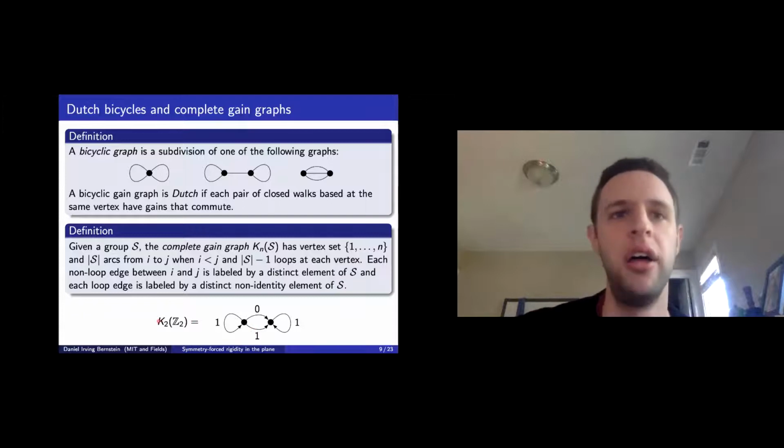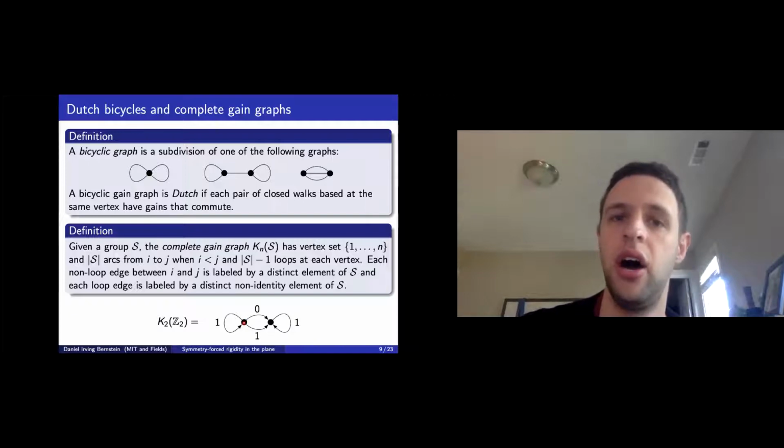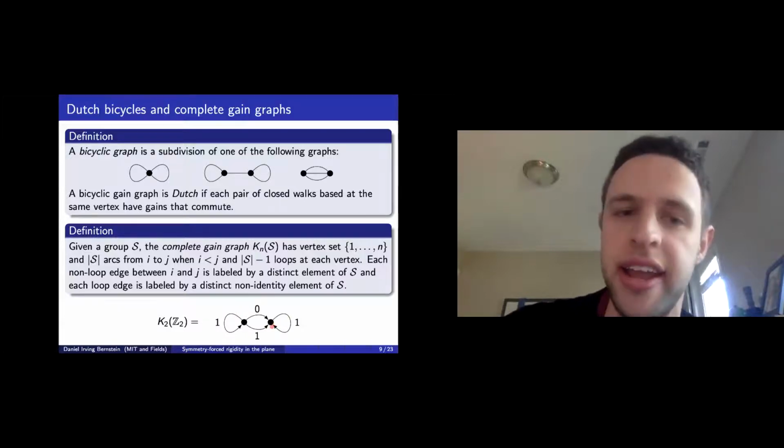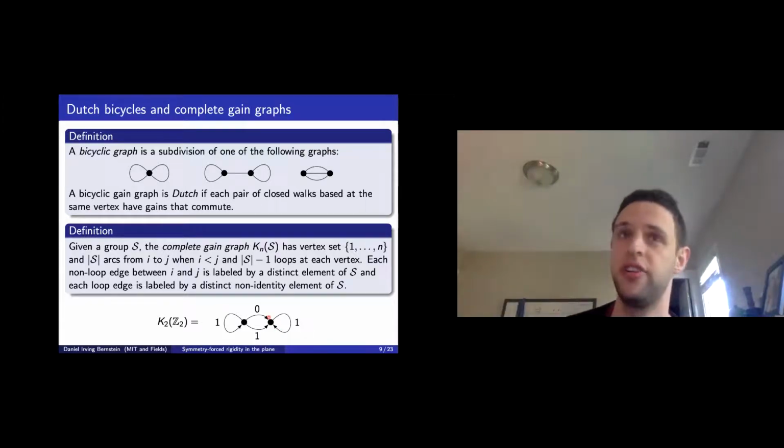So here's the simplest example, K_2(Z_2). For the one pair of vertices, I'm going to have an arc for each element of the gain group. So I have an arc labeled 0, I have an arc labeled 1, and I'm going to have a loop at each vertex for every non-identity element in the group. There's only one, so there's only one loop at each vertex, and that's the complete gain graph.